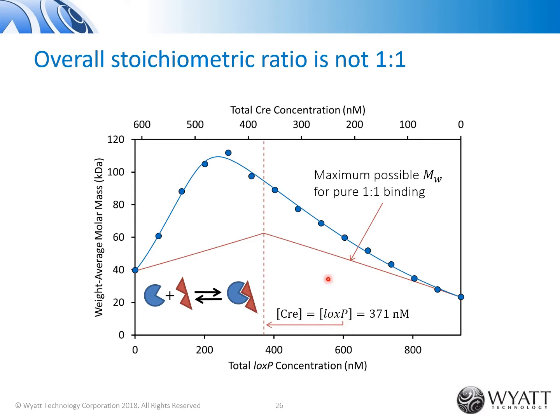Obviously, the maximum possible molar mass, around 60 kilodaltons, is much less than what we actually measured. Also, the position of the maximum is in the wrong location. So we need a model that has a higher ratio of Cre to LOXP.